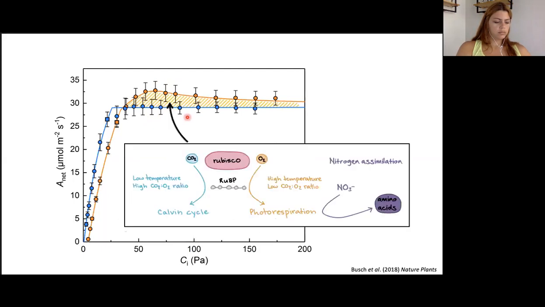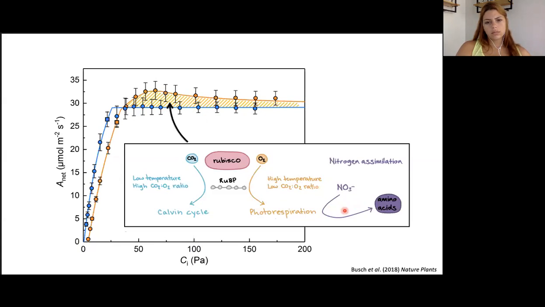So from that, we can see that in this area here, where photorespiration is actually increasing CO2 assimilation rate, that's where we get this interaction being beneficial between photorespiration and nitrogen assimilation. So that's when the plant creates essentially a second sink for carbon.